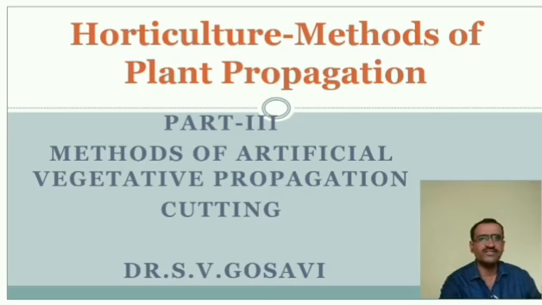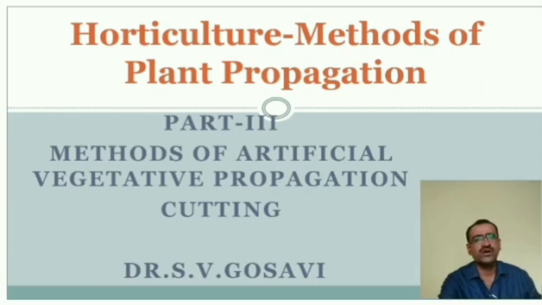Artificial vegetative propagation is nothing but the regeneration of a new plant from a portion of a vegetative organ, from a small part that may be the stem, the root, or the leaves. From that small part the new plant can be generated, and that small part is known as the vegetative organ, which is very common in lower as well as higher plants.